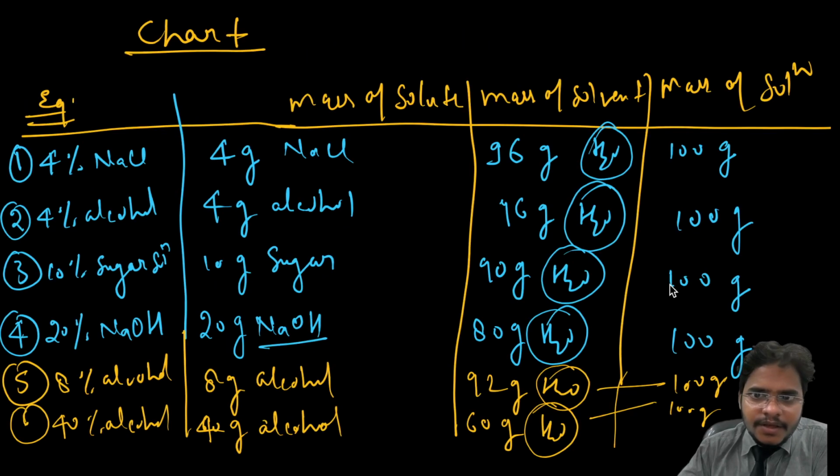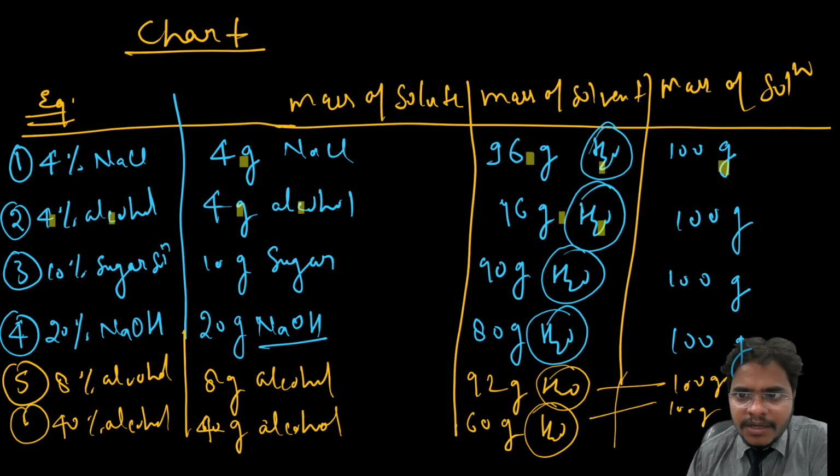Next, we prepare some chart by solving all these examples. First example, we have 4% NaCl solution by mass, which means the 4 gram NaCl dissolved in 96 gram of water. Total mass of solution is 100 gram. 4% alcohol means the 4 gram alcohol dissolved in 96 gram of water.